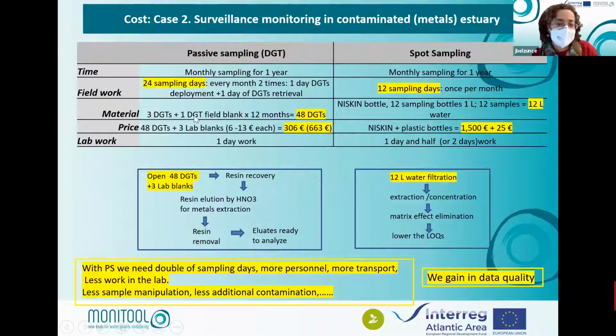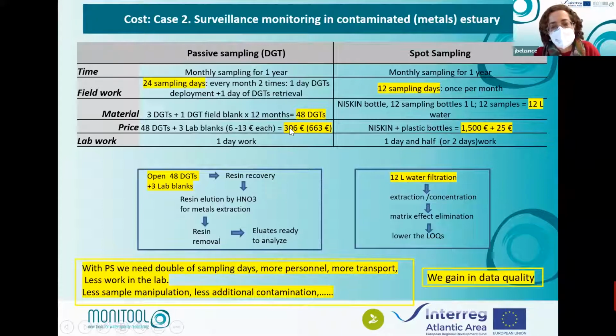What about material? At least you need 3 DGTs, 1 DGT field blank for 12 months. And for spot sampling, the Niskin bottle that you already have, and 12 sampling bottles, you need 12 liters of water. The price, again, depends on the production and on the demand for DGTs, and can range from 6 euros or even less to 13 euros.